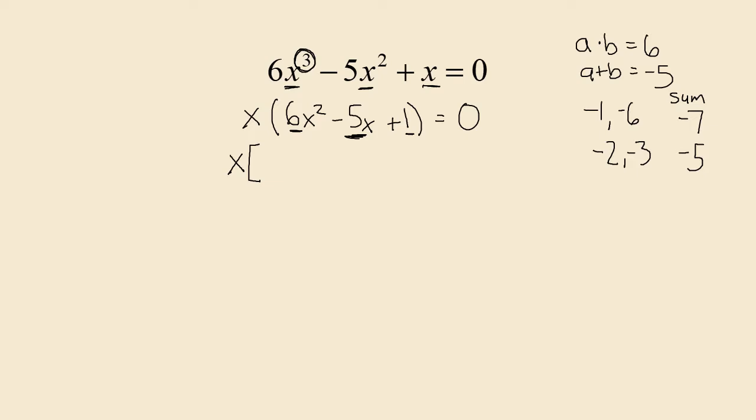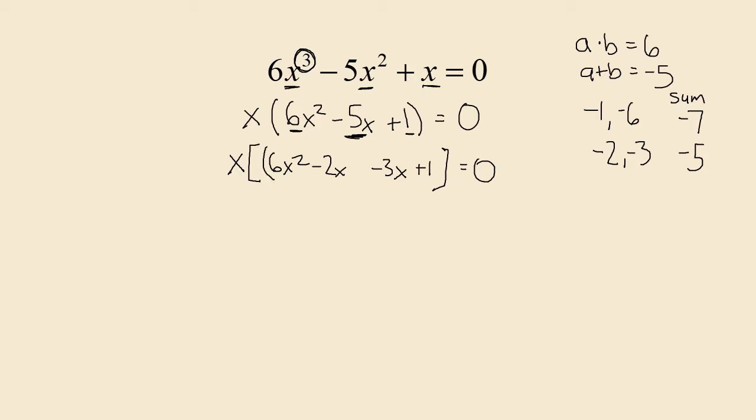So I'm going to continue filling in this parentheses here and split up that -5 into -2 and -3. So I have 6x squared minus 2x minus 3x plus 1. And then I'll put this bracket over here, and this whole thing is equal to 0.